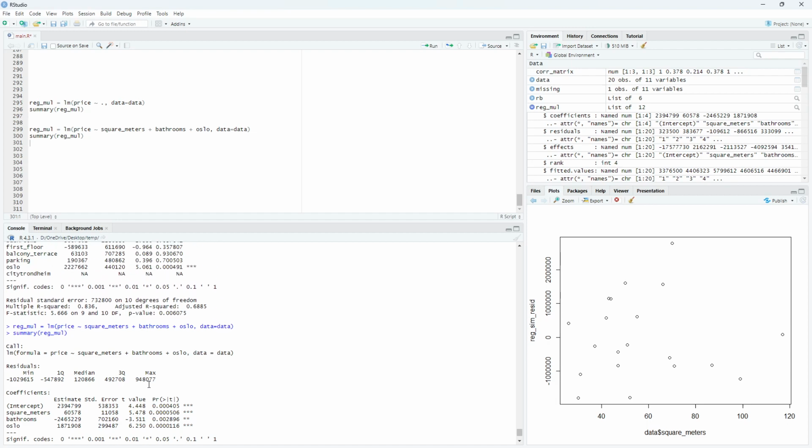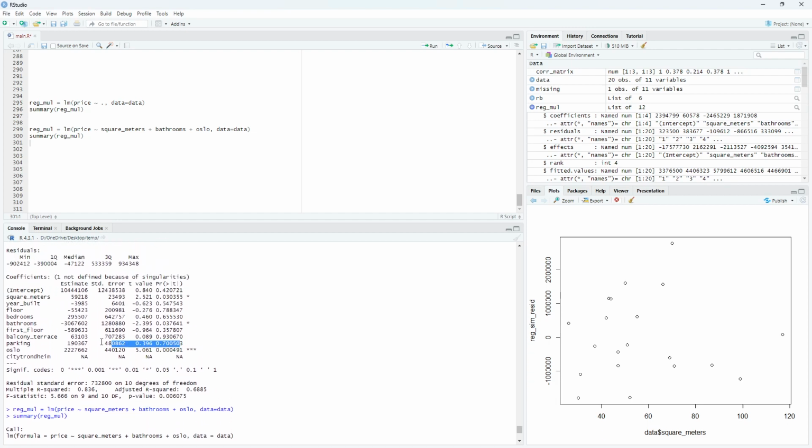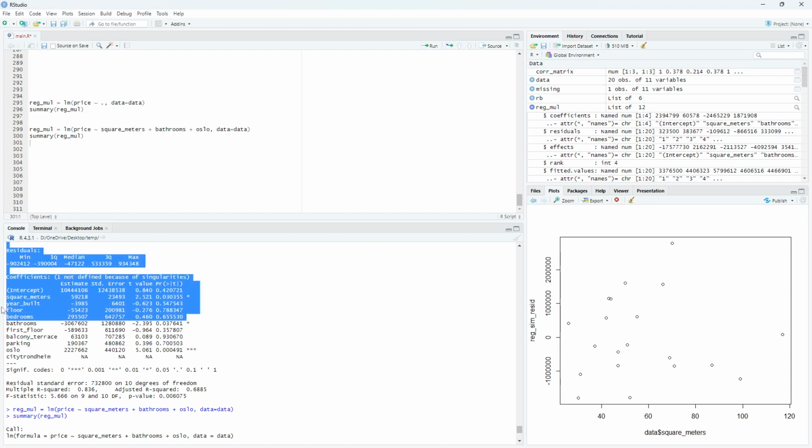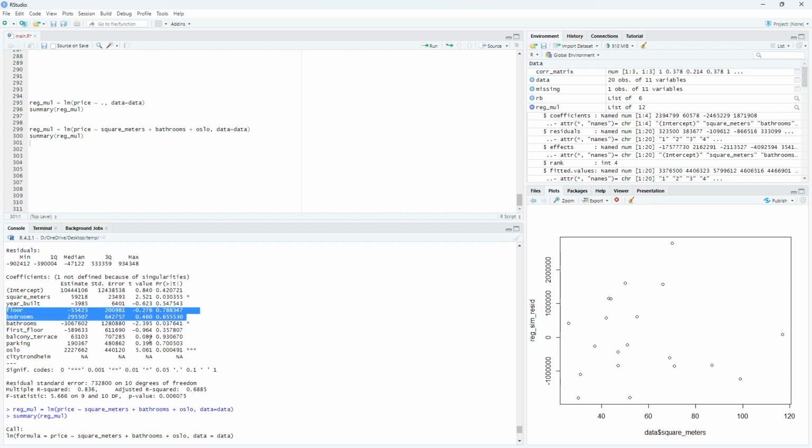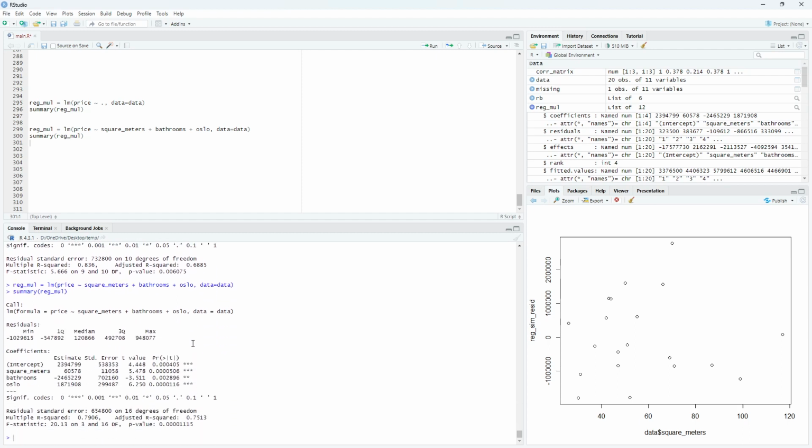Which means that the other variables here probably added some noise to the model. So it was good riddance. And now we can use this model to predict apartment prices in Oslo and in Trondheim.